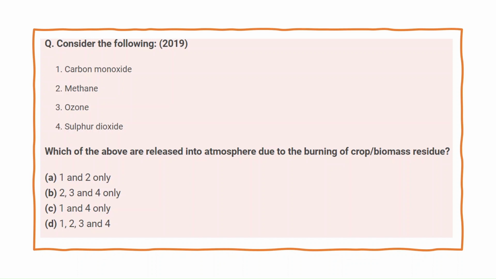While biomass residue generally contains lower sulfur content compared to fossil fuels, the burning of biomass can still release some amount of sulfur dioxide into the atmosphere. So in conclusion, the burning of crop and biomass residue can lead to the release of all four gases. So option D is correct.